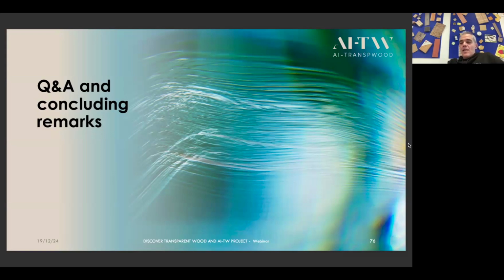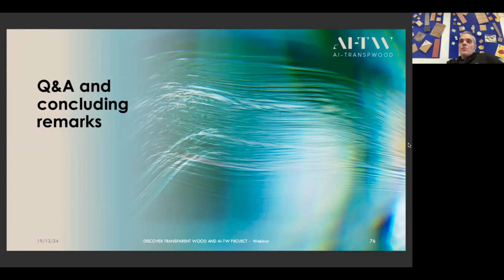Actually, there are some limitations concerning the processing and some limitations concerning the applications. Concerning the processing, we have the possibility to treat hardwoods and softwoods, to delignify them, to make a sort of bleaching, removing the chromophores, but only when the size and the thickness are not too big. What do I mean?